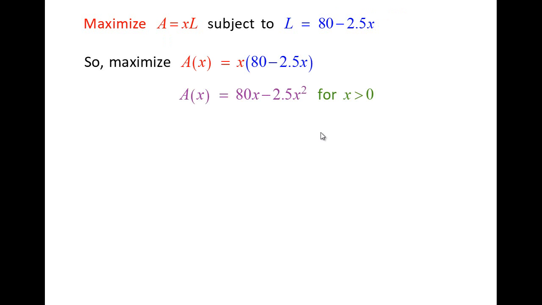Now we can also come up with an upper bound for X, I guess, if we say that the length L has to be positive, then 80 minus 2.5X would be positive, in which case 80 would be bigger than 2.5X, or X would be less than 80 divided by 2.5.